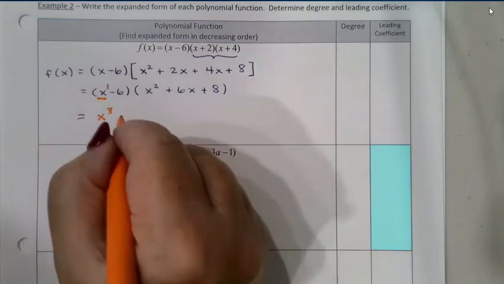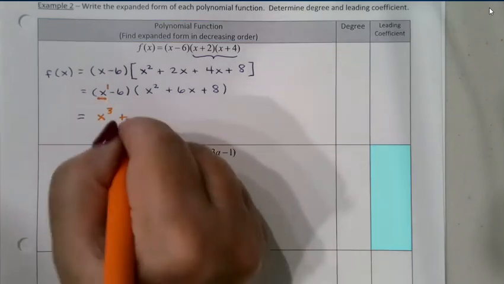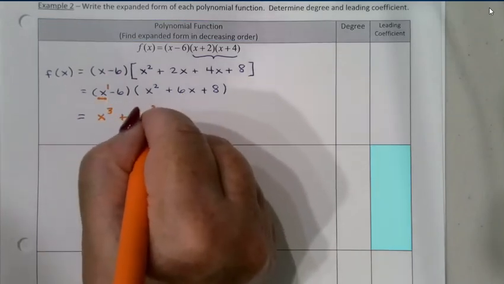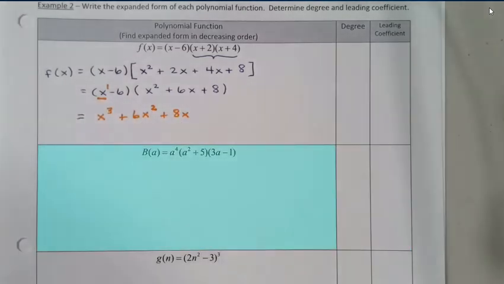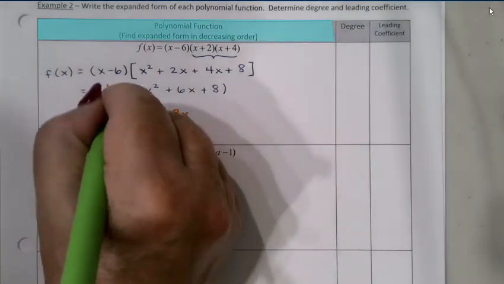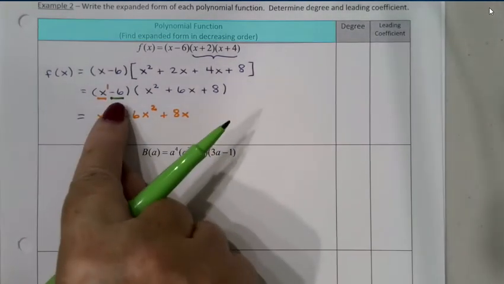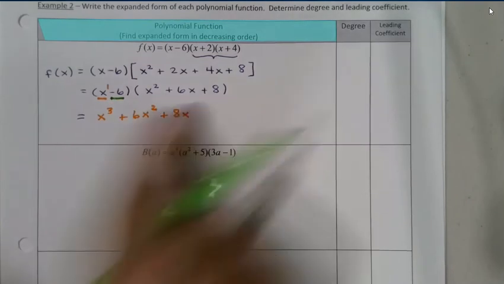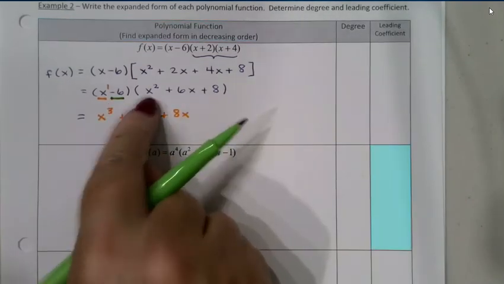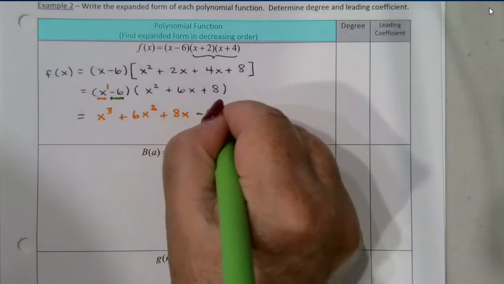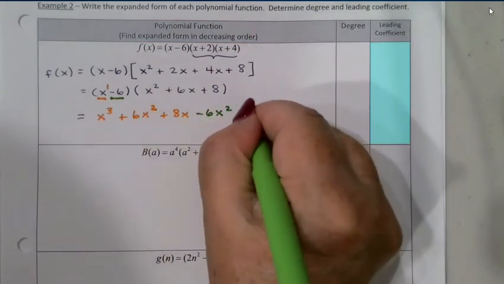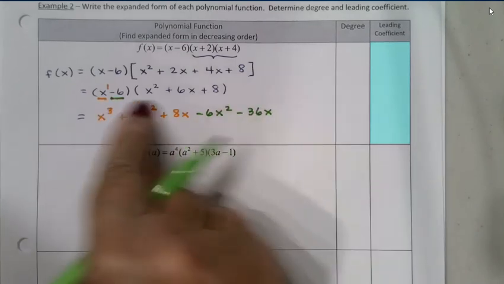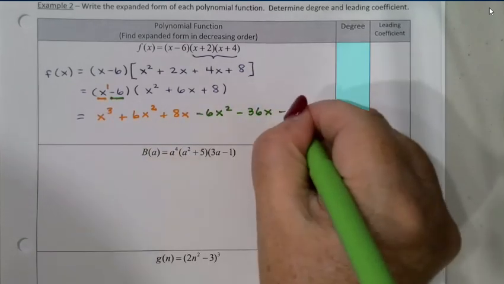X to the third plus 6x to the second plus 8x. And then I'm going to take this negative 6 and I'm going to distribute that all the way through. So negative 6x squared, negative 36x, and negative 48.